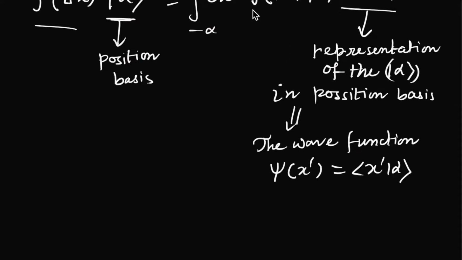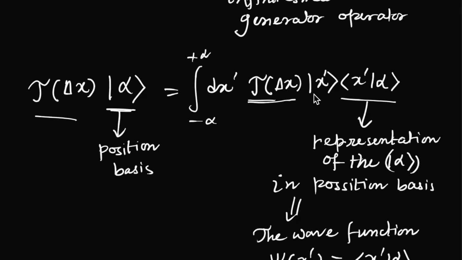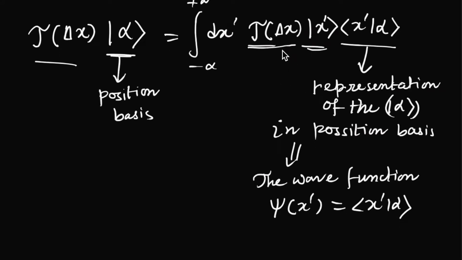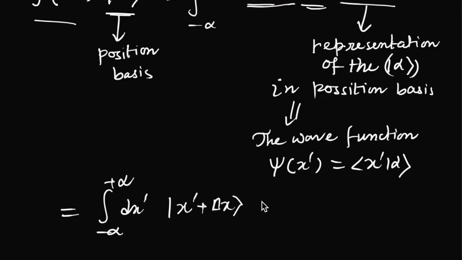Now, what this infinitesimal translation operator does on the ket x prime is generate an infinitesimal translation: it will change x prime to x prime plus delta x.